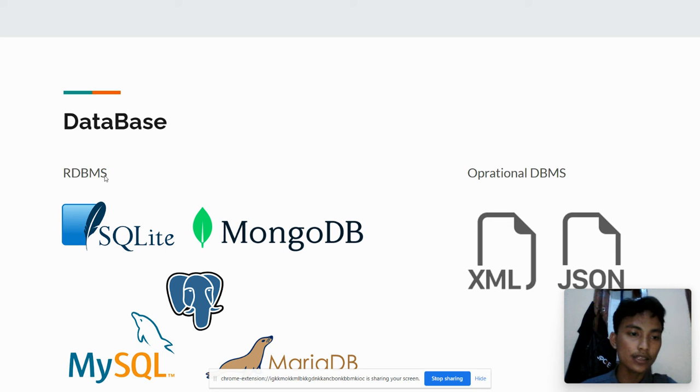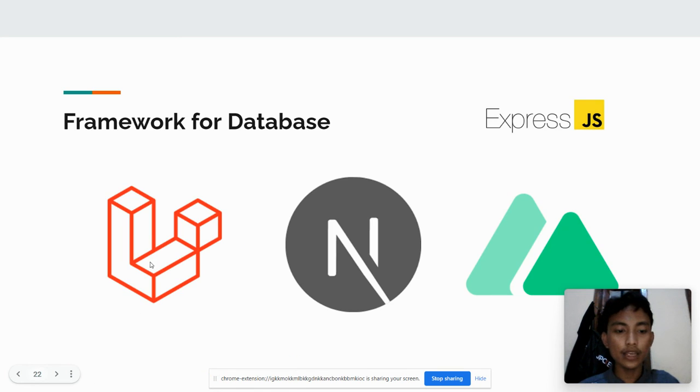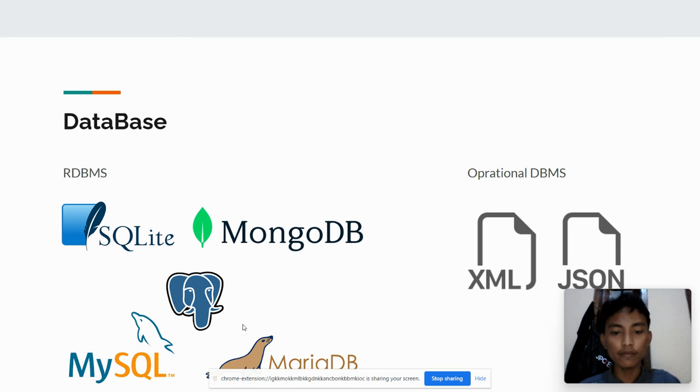First is the DBMS, or relational database management system, for your setting and manipulation of data, and storage of your web application's database, such as SQLite, MongoDB, MySQL, PostgreSQL, MariaDB, and others.